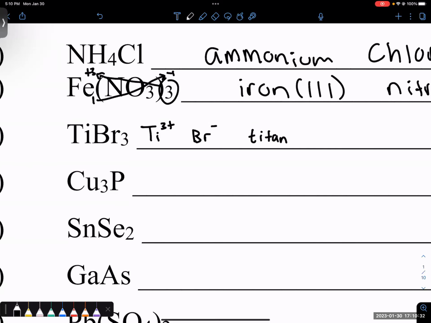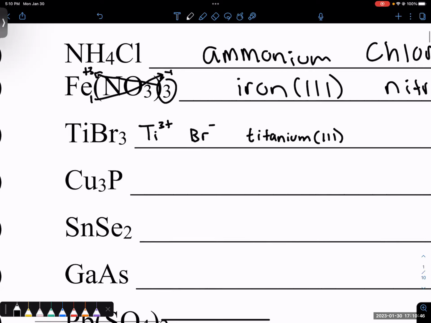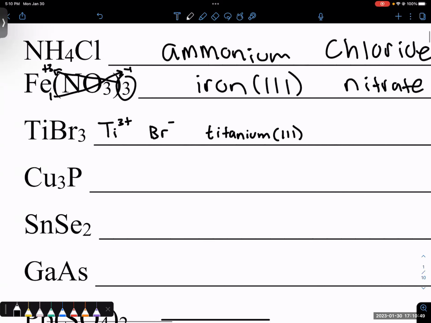You said titanium 3? Yeah. So it's titanium, and because titanium is a transition metal and it can have multiple charges, we have to designate which charge it is. So in this case, it's titanium(III), and then we just put the anion, so bromide.